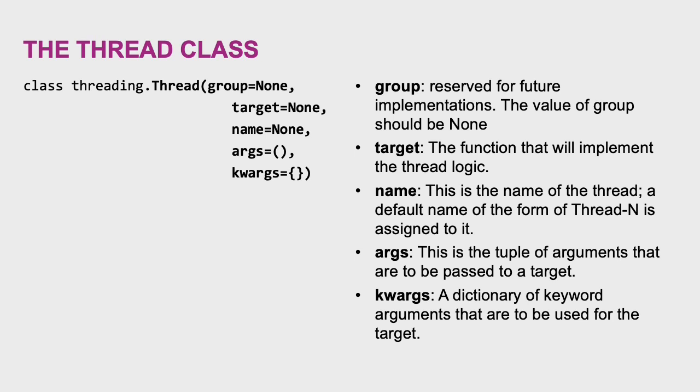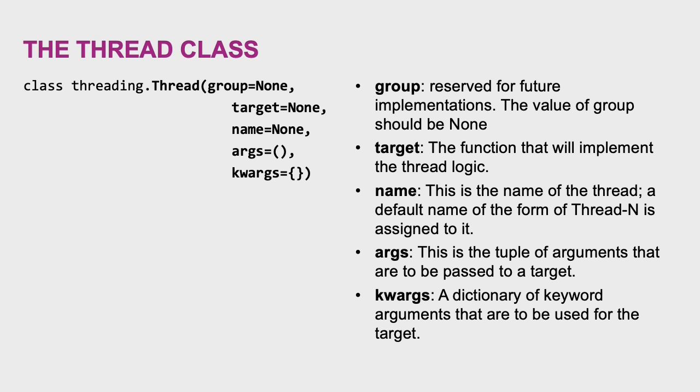Then you can specify the name of the thread. A default name is always associated to a thread, so if you don't pass in anything, your thread will be named Thread-n. So basically the first thread will be Thread-1, then you have Thread-2, 3, 4, 5, n. Then you have the args.